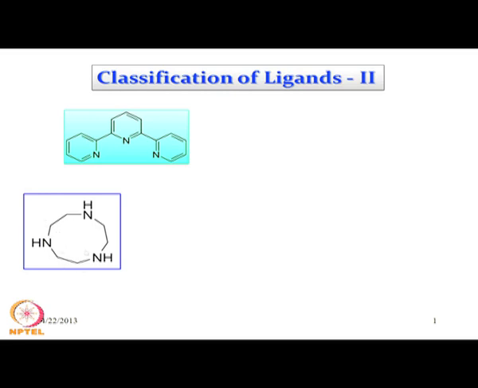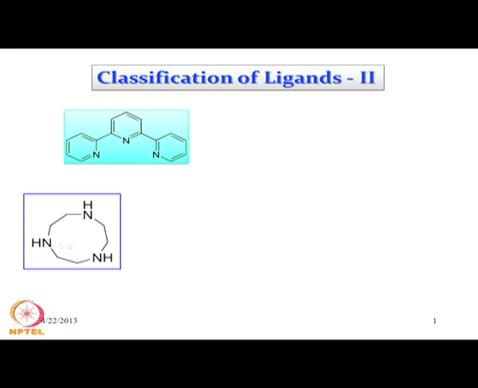But compared to these, the molecule which is known as triazacyclononane, abbreviated as TACN, this TACN ligand will bind in a different mode to the metal center, but it can also satisfy the 3 donor points.